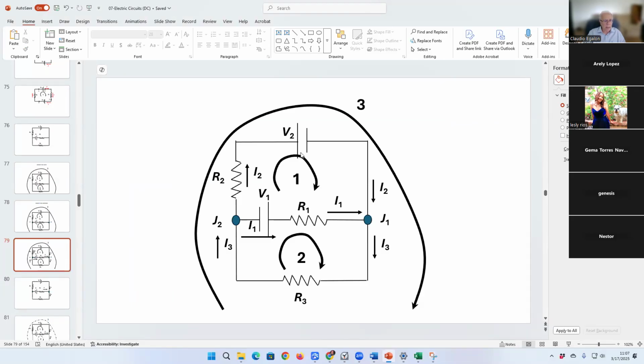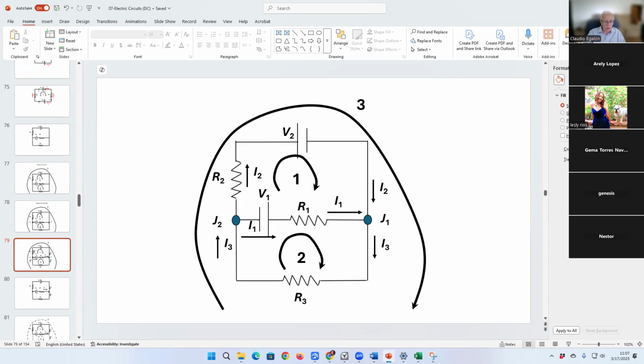Now, look what's going to happen. We are going to move from the right to the left on R1. Since we are moving against the flow of the current in R1, we're not going to lose electric potential. We're going to gain electric potential.